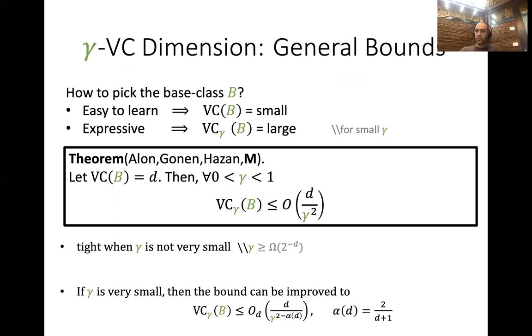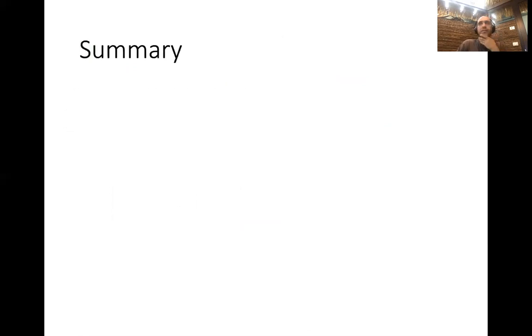But I don't really want to go into all these technical details. So let me just summarize, and I'll invite you to see more quantitative bounds in the poster session.